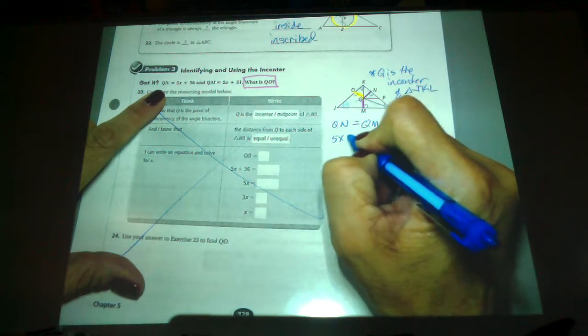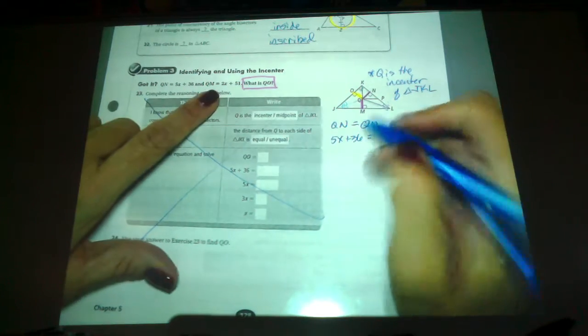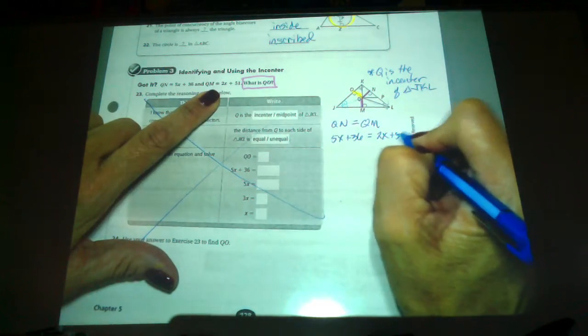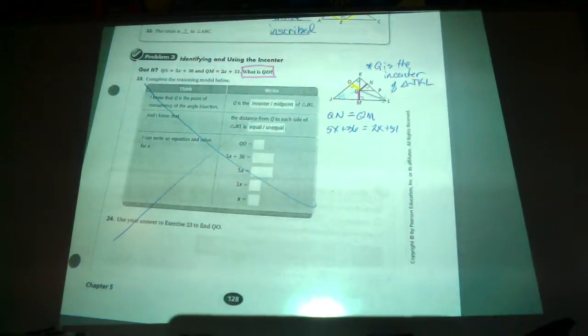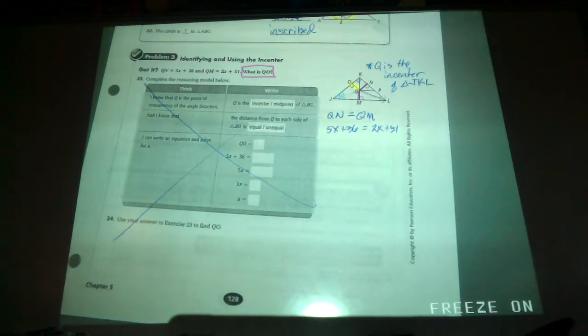So they said that QN was 5x plus 36, and QM is 2x plus 51. So you solve that for x, please, on your own.